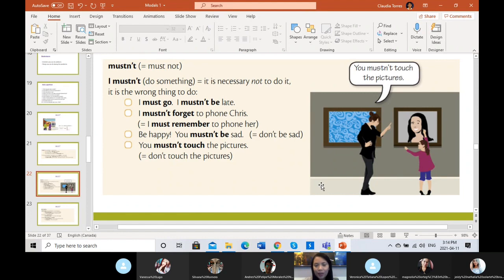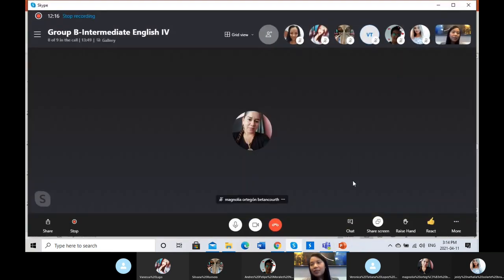It's up to you. I want you to tell me more rules, even rules that you can find in public places. For example, right now it is mandatory to wear a mask, right? So how would you say that?